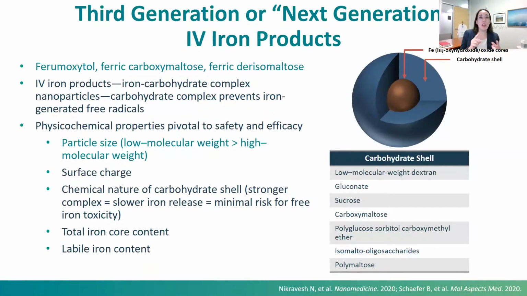You have dextran, gluconate, and sucrose. And similar with these, there's a carbohydrate shell that goes around an iron core. The dose that you can give is really dependent on being able to ensure that the iron doesn't have free iron release, that the body can bind to that iron in a safe and effective way. These new products allow you to give a much bigger dose safely without free iron release occurring too rapidly. So these are the different characteristics of these carbohydrate shells, which make it a much safer way to deliver high doses of iron.